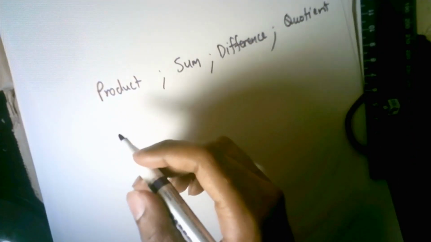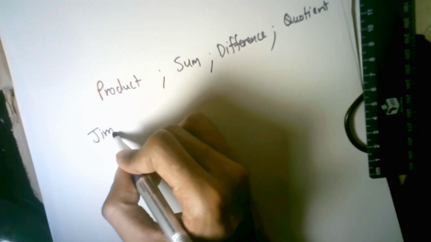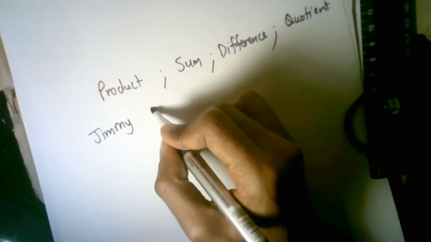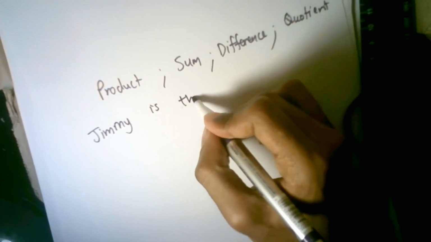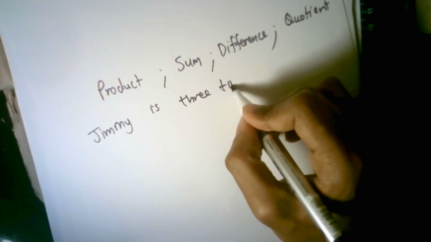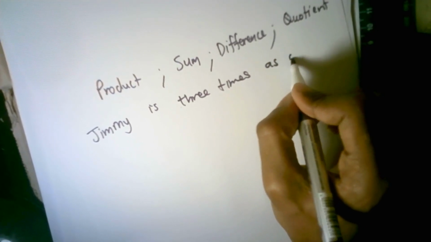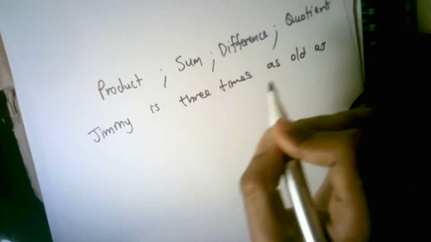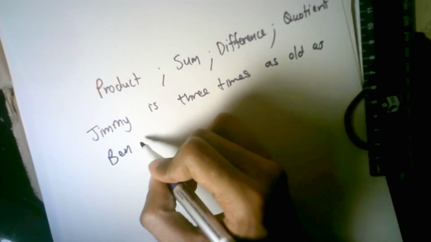It says Jimmy, and let me actually write it down so it makes more sense in the context. It says Jimmy is 3 times as old as Ben. So he's 3 times as old as Ben.